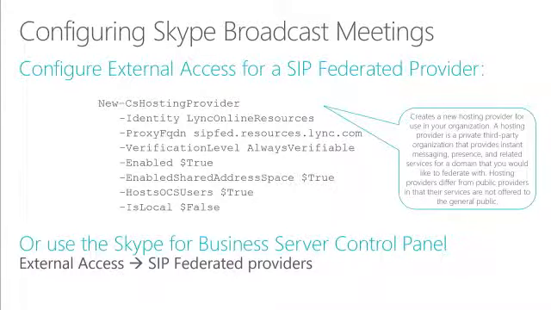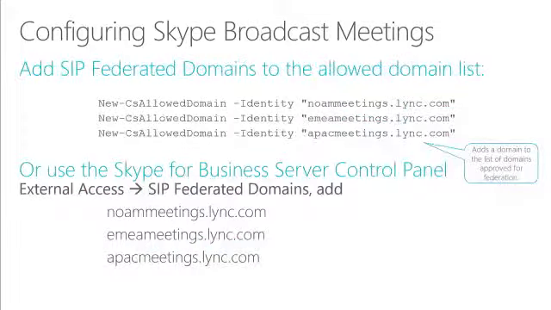You define a new hosting provider within your existing Skype for Business environment, and you tell it that if you want to do certain things, this is where you have to go out to. These are the broadcast meeting pools that you have to go out to. And there are a couple of domains that you have to add as allowed domains. And now you can see that the same broadcast domains are being returned here: North America, EMEA, and APAC.